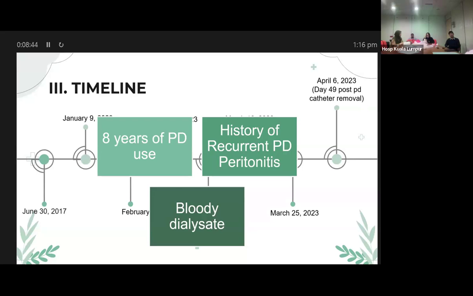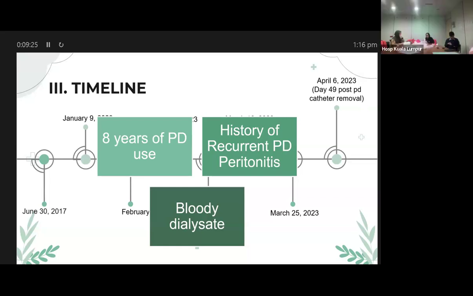In terms of the differential diagnosis, one is related to the PD itself, like PD peritonitis, and also chronic PD infection like TB, tuberculosis, as mentioned before. But I also need to consider other intra-abdominal pathology, anything that can cause infection like appendicitis or any infection in other parts of the abdomen, and any vascular problem.